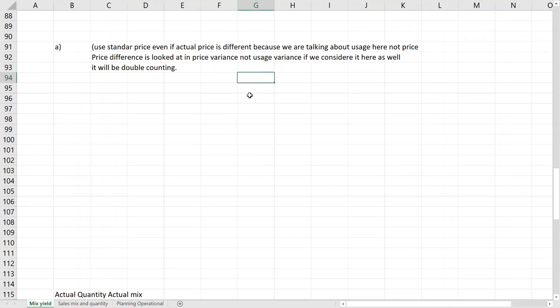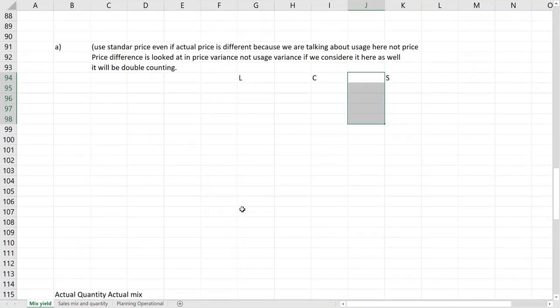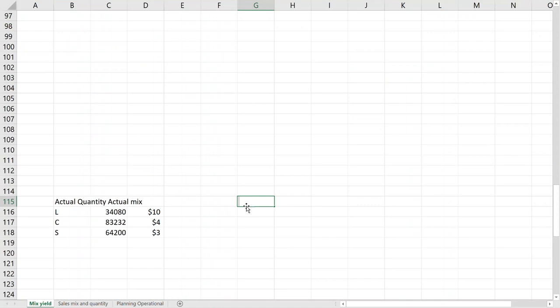So I'm going to separately write each of them as well. Try to leave the same amount of columns, because then it will be easier. So this is how much it would cost me in standard price, the actual quantity that I use.